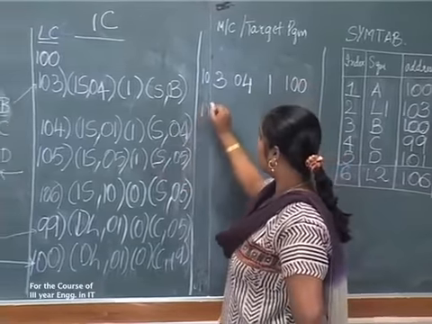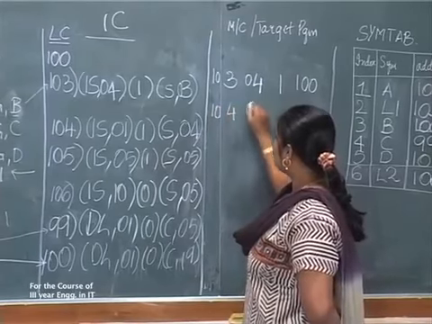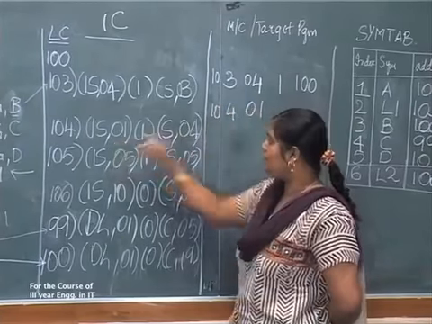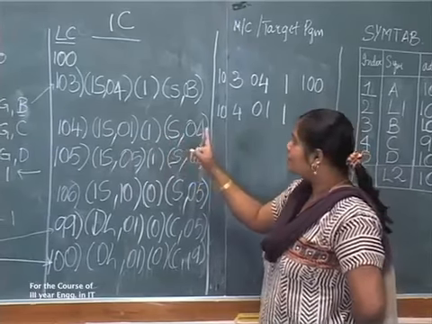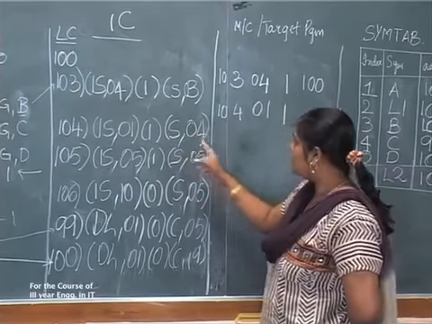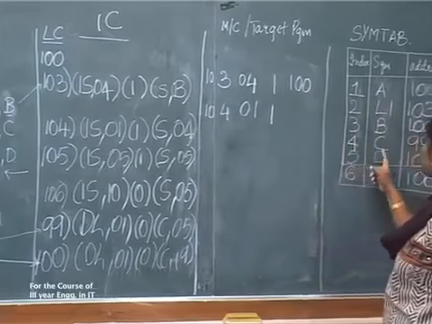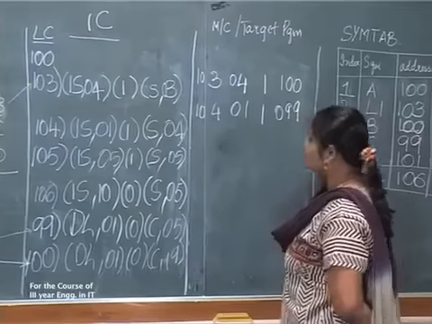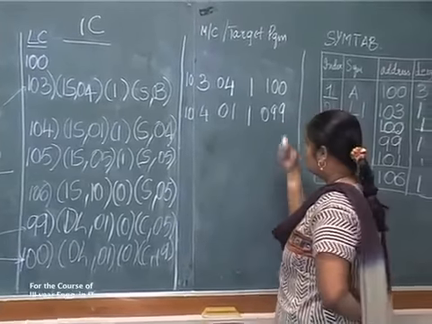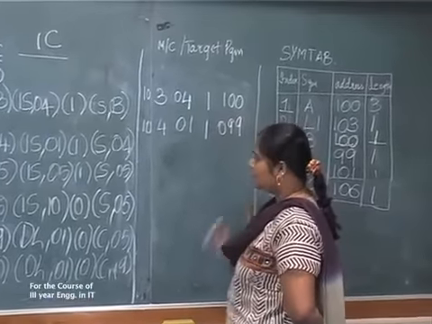For this I will write 104. The instruction opcode is 1. The first operand is 1. Refer to the symbol table, get the symbol that is at location 4. At 4 we have C and its address is 99. I need 3 digits to represent this third operand, so it is 099.